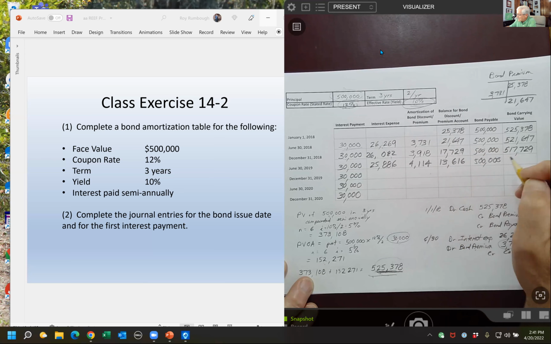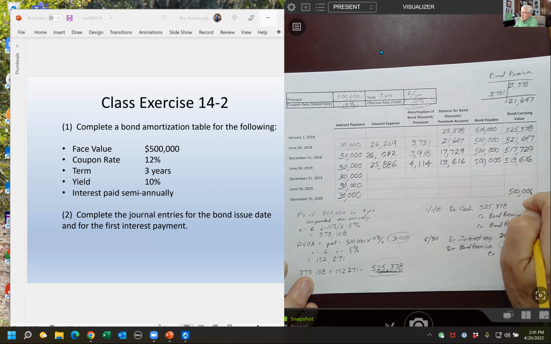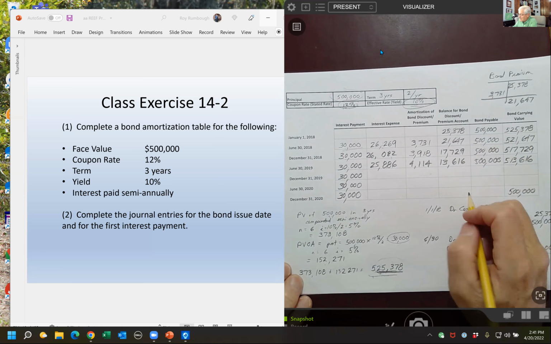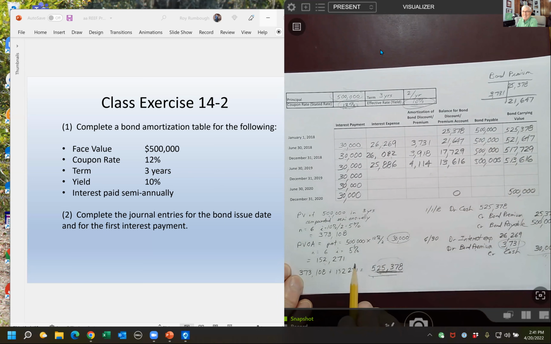Now I'm not doing these in my head, as I wish I could. But I do have the answer in an Excel spreadsheet, which is online for my Canvas students. So you could see these answers and work these on your own. So see how my bond carrying amount is going down, and where's it going to end up? It's going to end up at 500,000, and this is going to end up as zero at the end. I know where we're heading. However you do this.